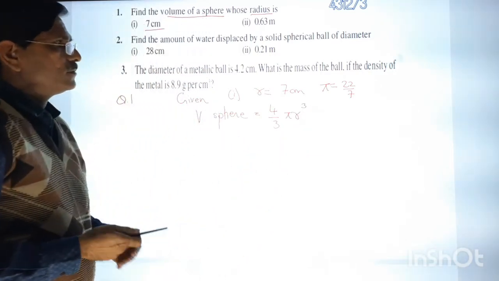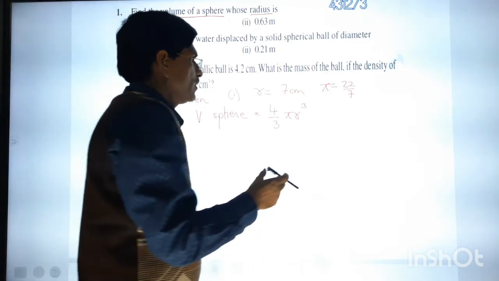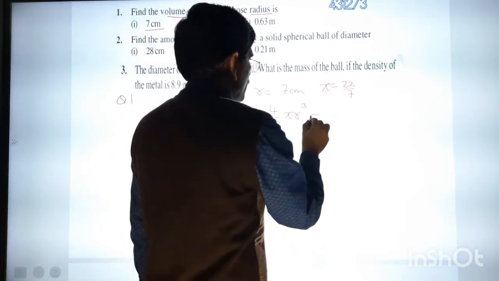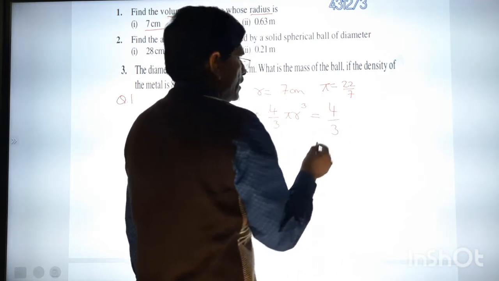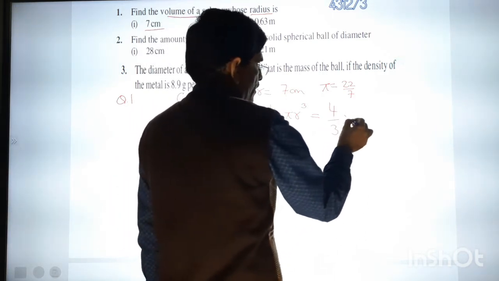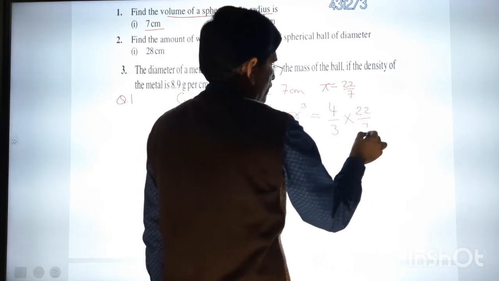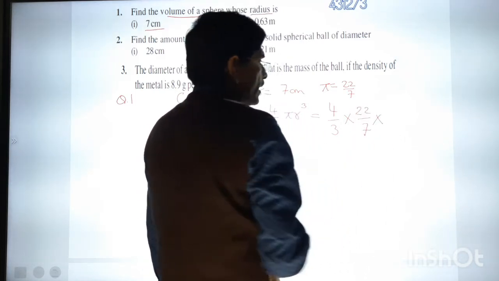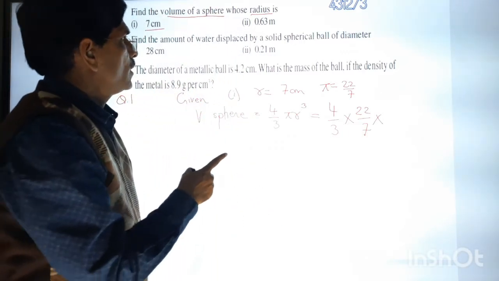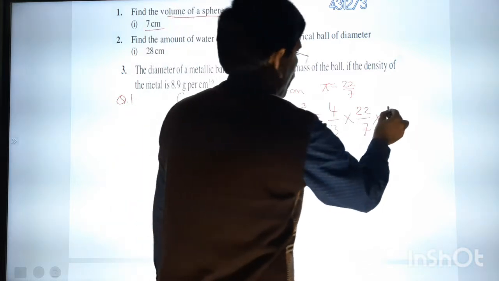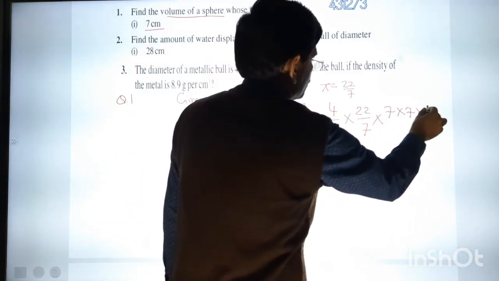Now what do I have to do? I have to put the value of pi and the value of r. So 4 by 3, value of pi is given as 22 by 7, and value of r I have to put 3 times, that is 7 into 7 into 7.